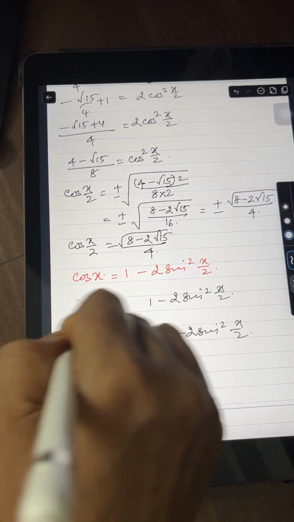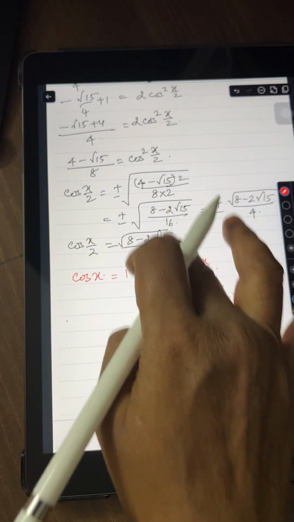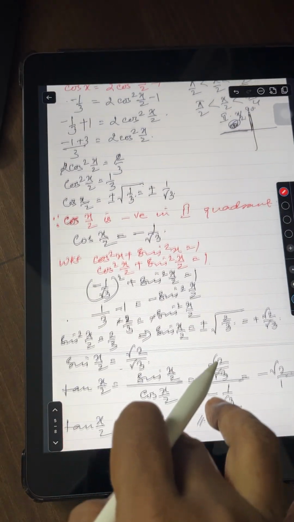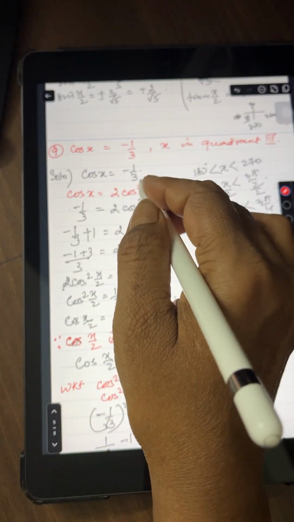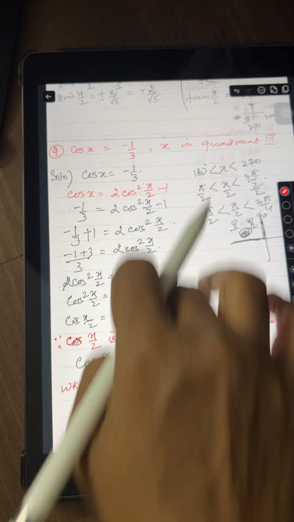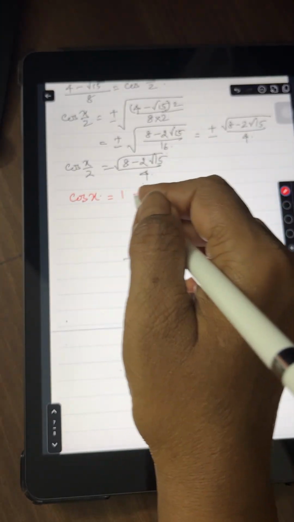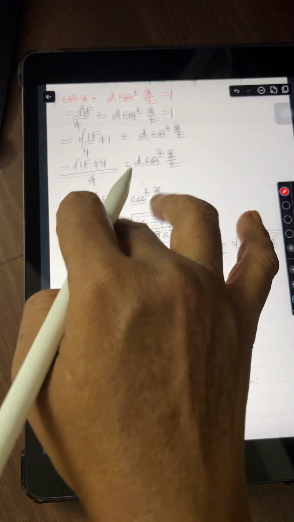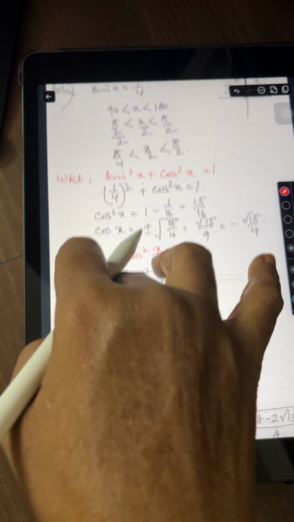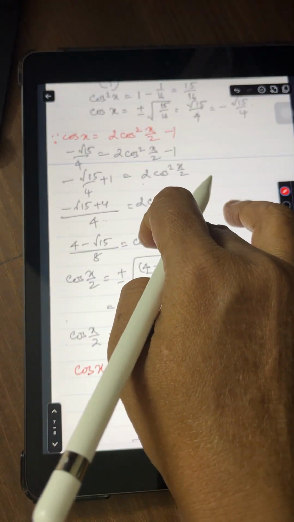Cos x is 2 cos square x by 2 minus 1, no? Similarly, it's not cos x by 2, cos x is equal to 1 minus 2 sine square x by 2. So what is cos x? Cos x is, you might have got cos x.